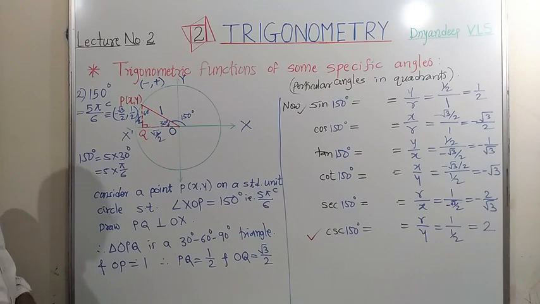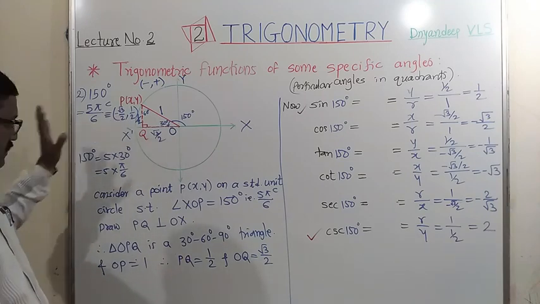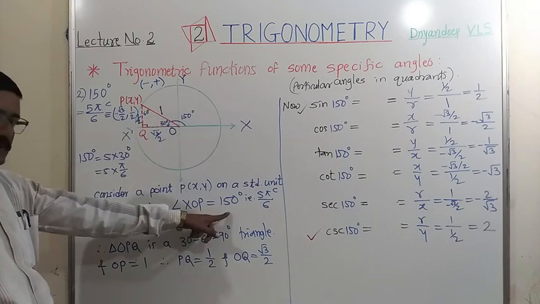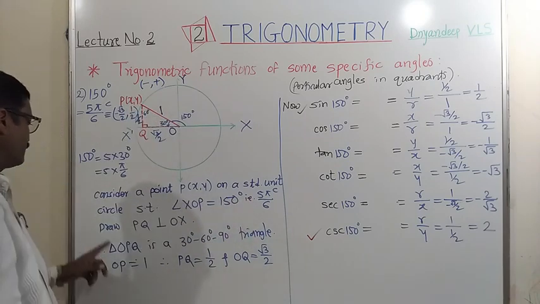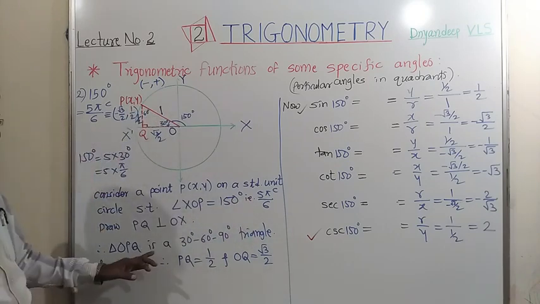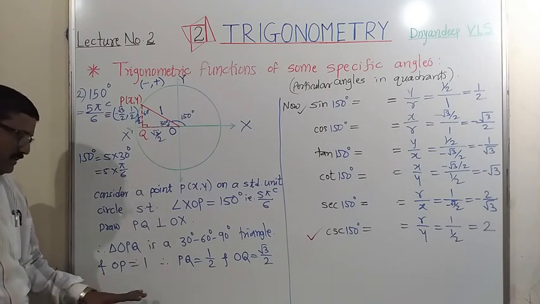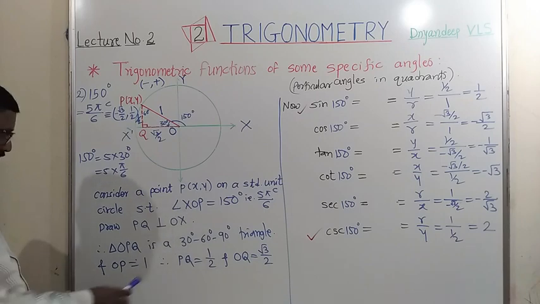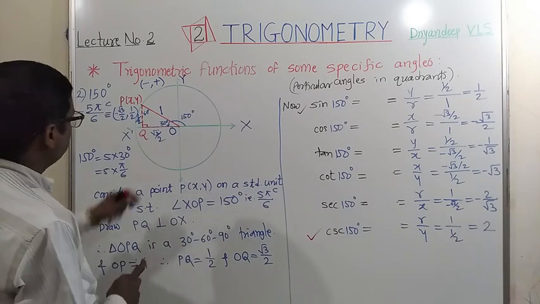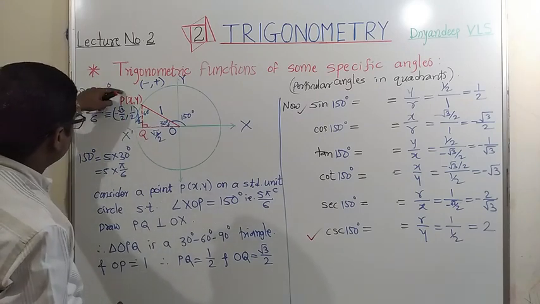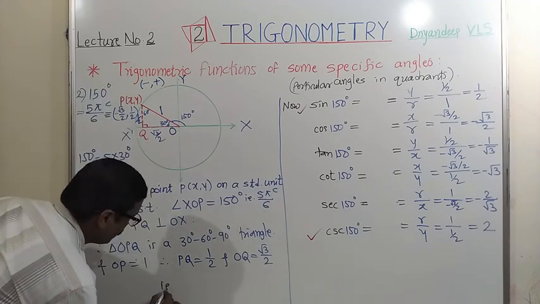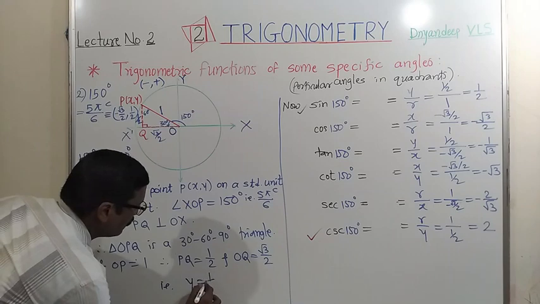Okay, let us see what to do. First, draw the standard unit circle. Take point in second quadrant having inclination 150 degree, that is 5 pi by 6. So draw again perpendicular from 30, 60, 90 degree triangle. Write the lengths of these sides. This PQ is equal to half, which is nothing but the y coordinate.